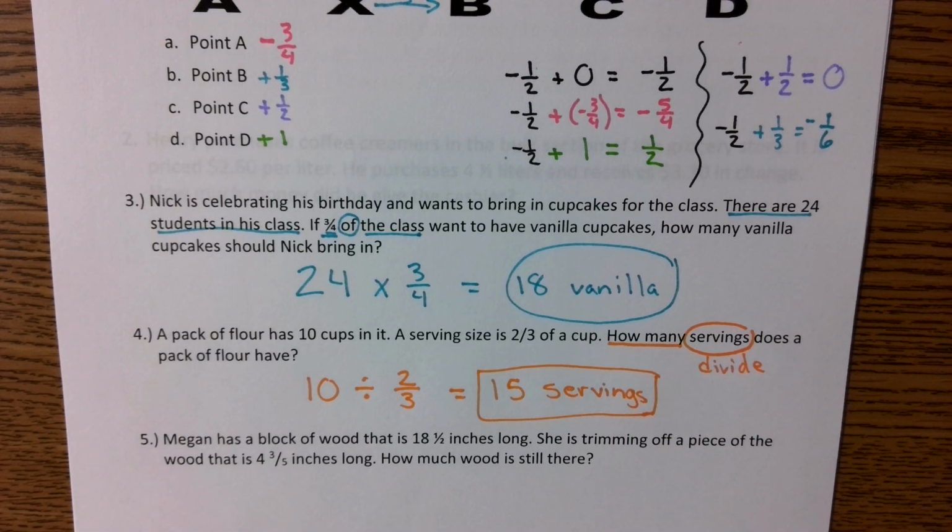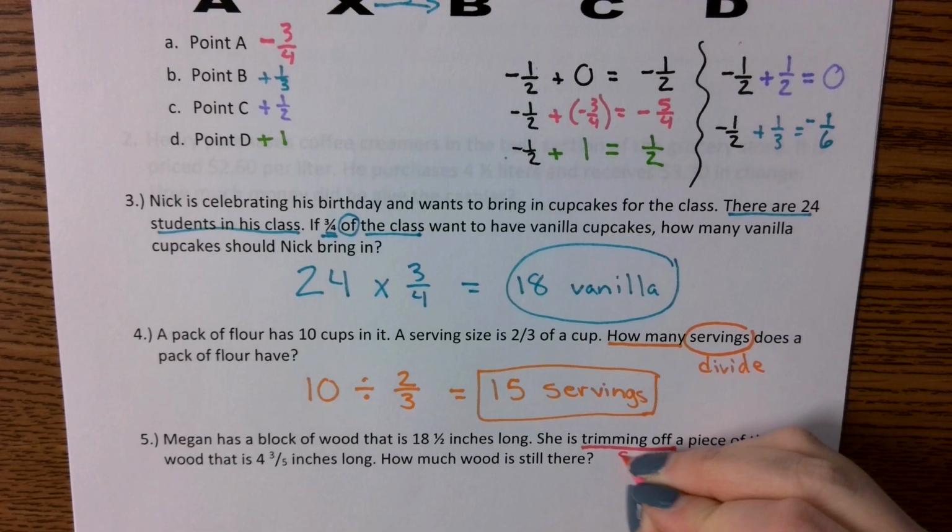All right, last one. Megan has a block of wood that's 18.5 inches long. She's trimming off a piece of wood that's 4 3/5 inches long. How much wood is still there? What operation is that going to be? If we're trying to figure out how much is still remaining. Subtraction, right? See, the word trimming it off.